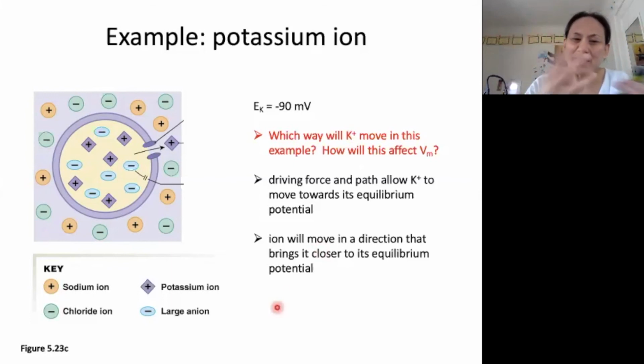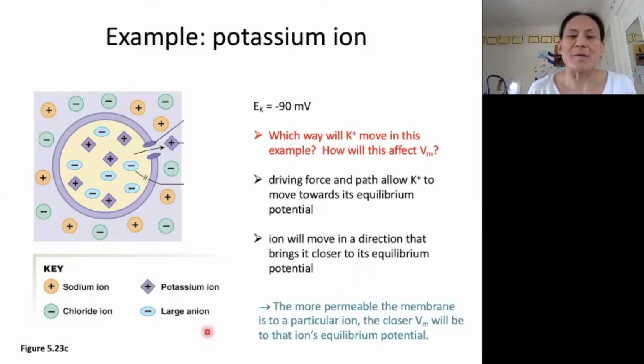So this basically illustrates this concept right here. The more permeable the membrane is to a particular ion, the closer the membrane potential will be to that ion's equilibrium potential, right? So every ion is going to want to move towards equilibrium.